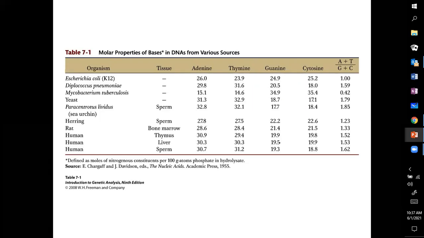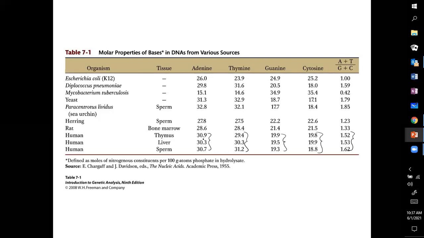And what he found was that if you looked at the composition of A's and T's and divided it by G's and C's, the proportion was the same in the different tissue types.